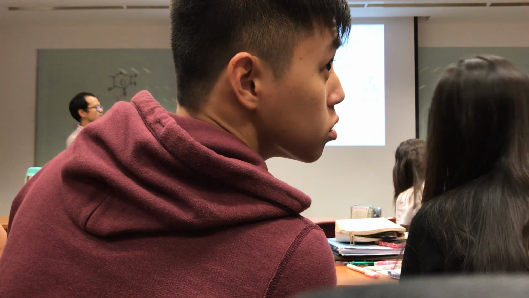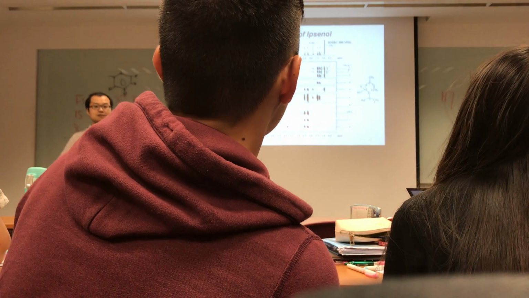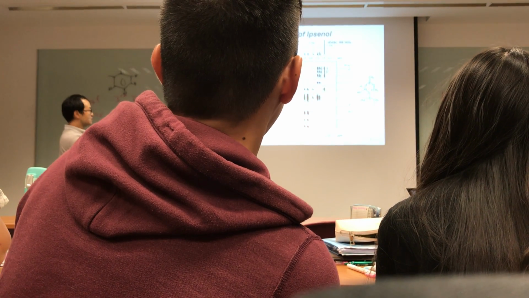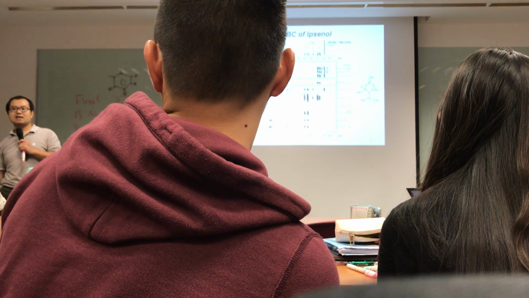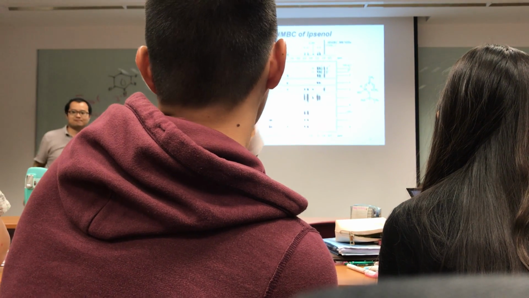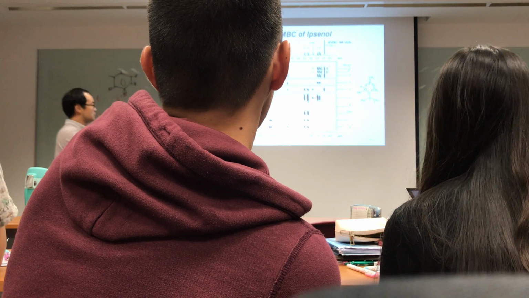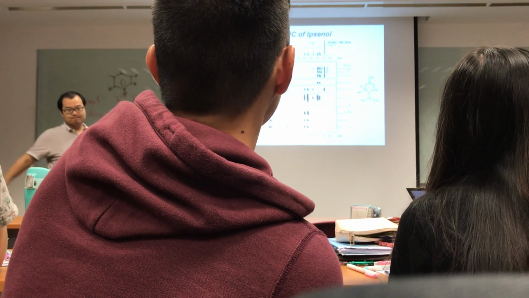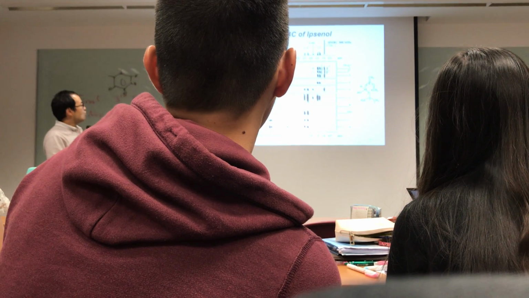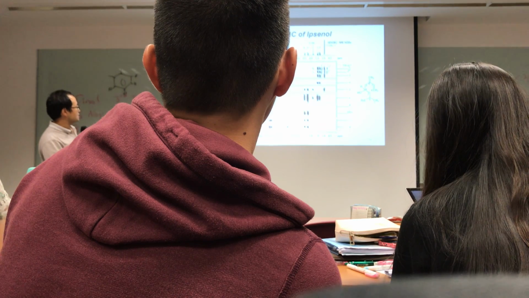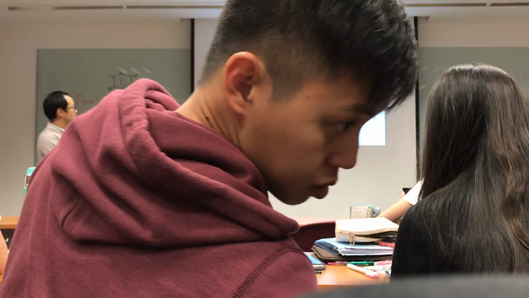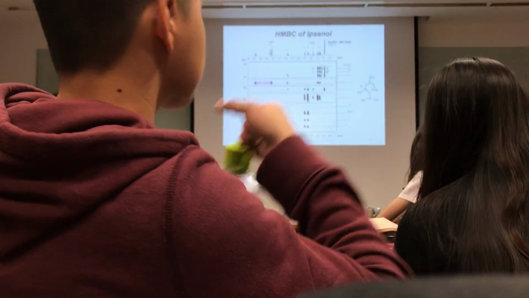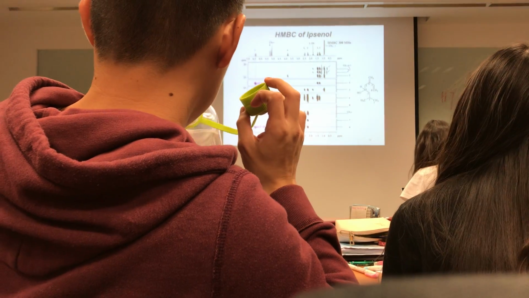According to analysis, proton 7 can see 4 carbons. 4 spots, 4 carbons. Now this is the assignment: 7 to C5, 7 to C8, 7 to CH2, 7 to carbon 6.